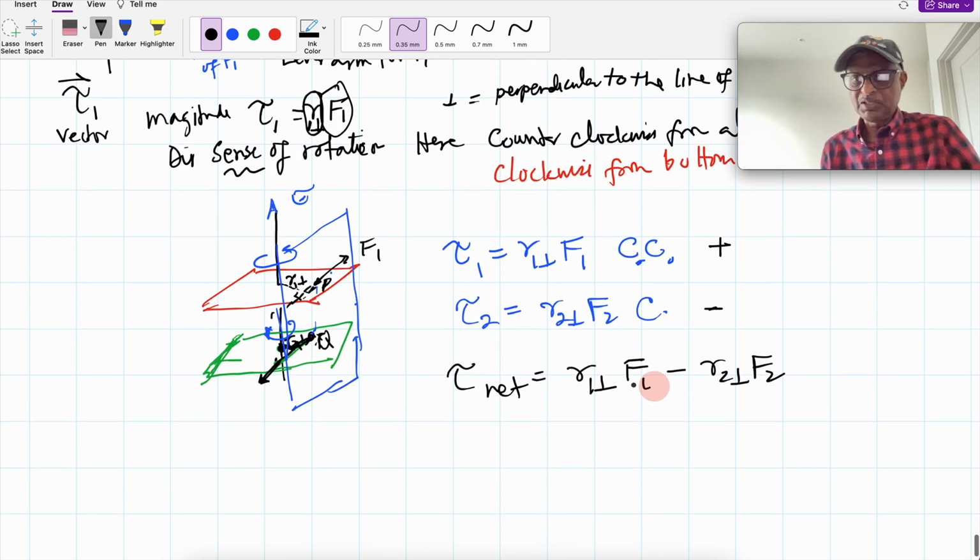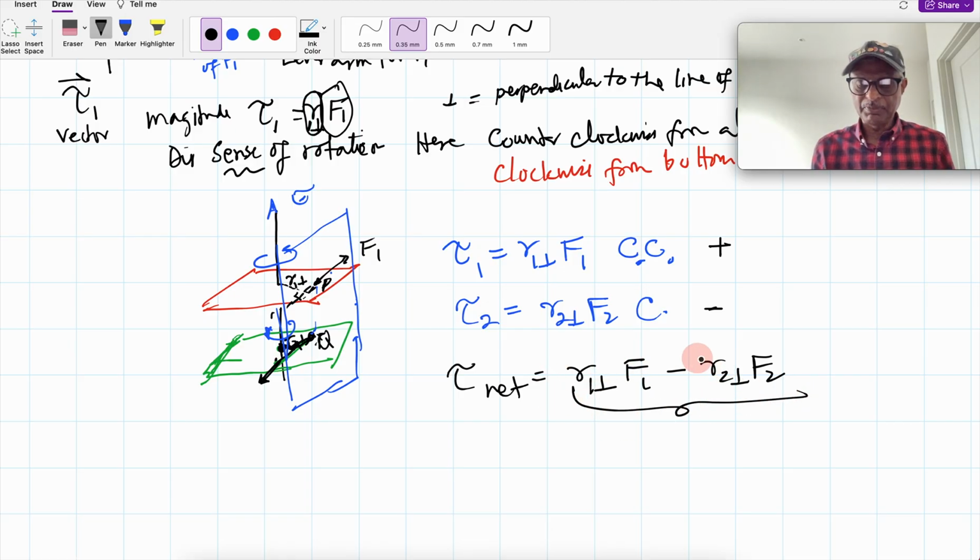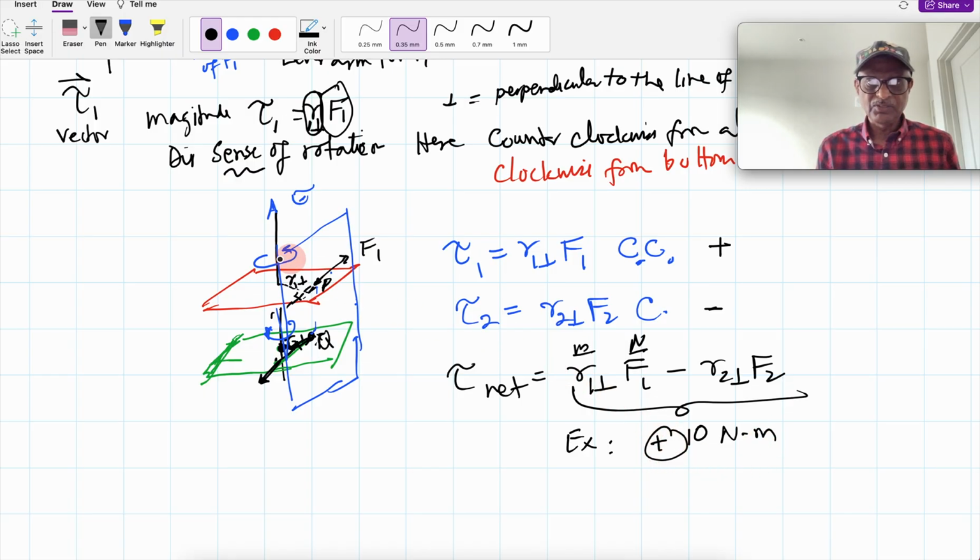But you don't know if it's going to be positive or negative. So if I add these up, this is going to be in Newtons and this is in meters, so it's going to be in units of Newton meter. An example: suppose I get plus 10 Newton meter. Well, because I got a plus, it's going to have the same sense as the plus I chose.